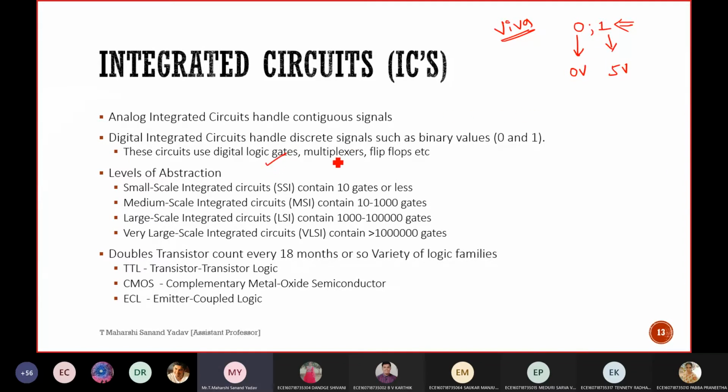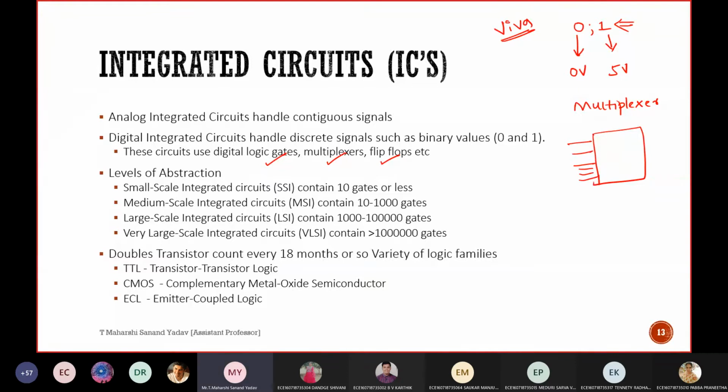And in that, we know about logic gates, multiplexers, and flip-flops. What is multiplexer? It is a combinational logic circuit designed to switch one of several input lines through a single common line. Yes, correct.